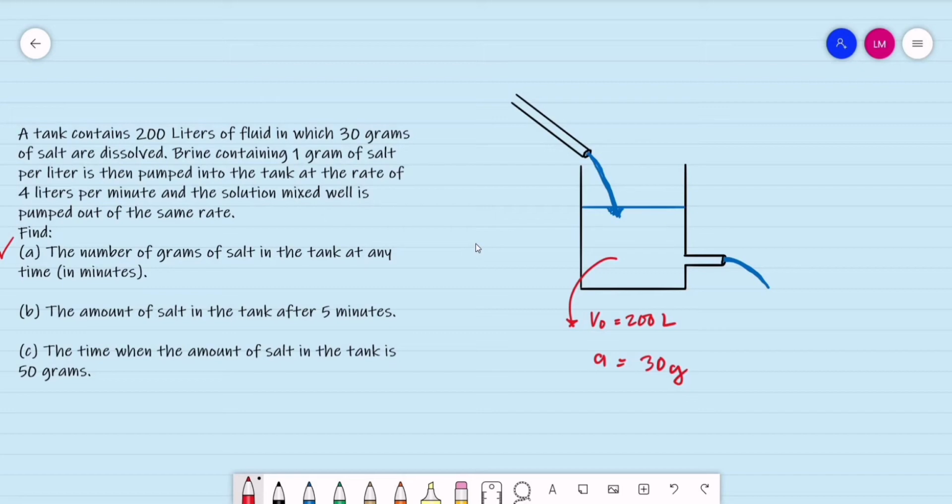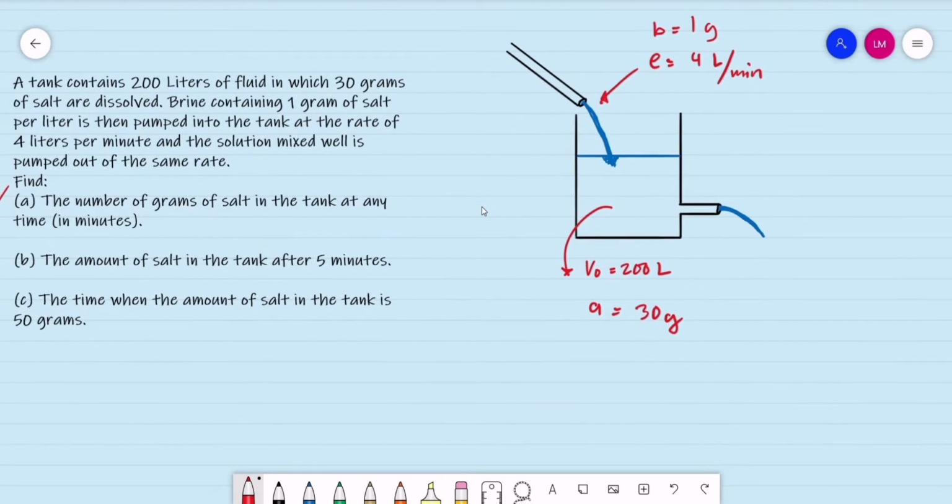Then we pump into the tank another brine solution at the rate of E, that is 4 liters per minute, and the concentration of the salt, let's say that is B, that is the solution contains 1 gram of salt.